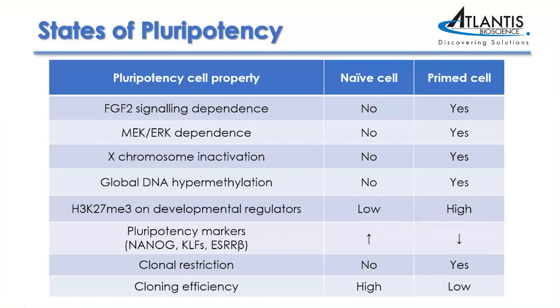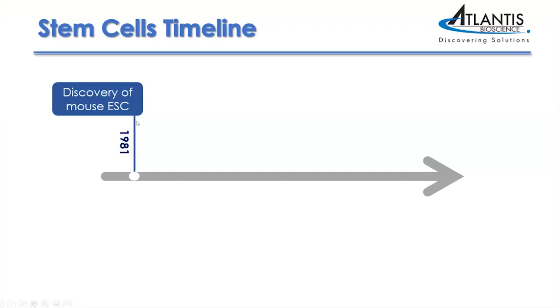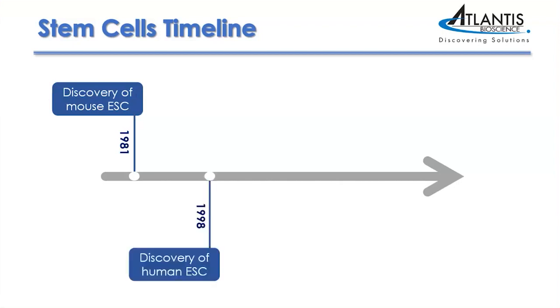So now let's take a look at the history of the pluripotent stem cells. Pluripotent stem cell research started in 1981, when mouse embryonic stem cells were first derived from the mouse strain 129. This was followed by the derivation of human embryonic stem cells in 1998 by Dr. James Thomson, which sparked a revolution in regenerative medicine.